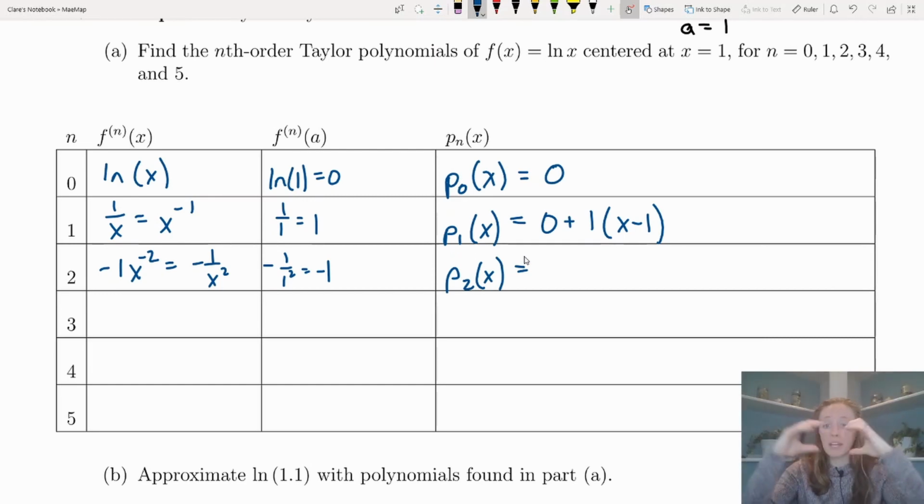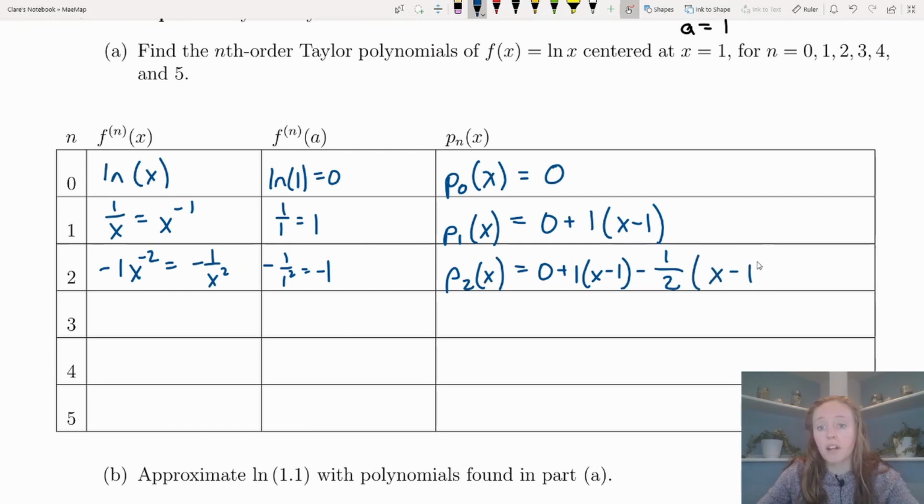I'm going to take p sub 1 and add it to my new chunk. So p sub 1 was 0 plus 1 times x minus 1, and I'm going to be adding that to my second derivative, which was a negative 1. So as opposed to adding, I'll subtract 1 over 2 factorial, which is 2, times x minus a, squared. That's my second degree Taylor polynomial.